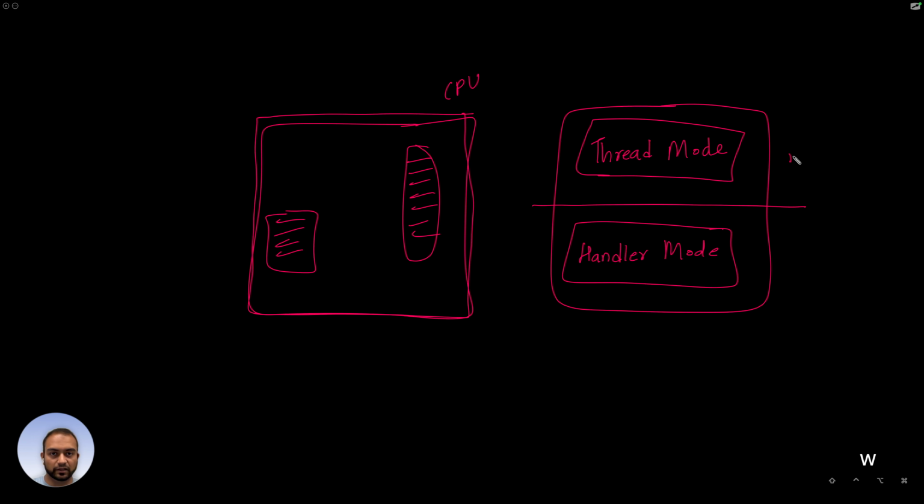Now, this was about the mode: thread mode, handler mode. The interesting bit now is that the M-class architecture also gives us privileges. There are two varieties within privilege. One is, obviously, privileged. The other one is non-privileged. And what does that mean?